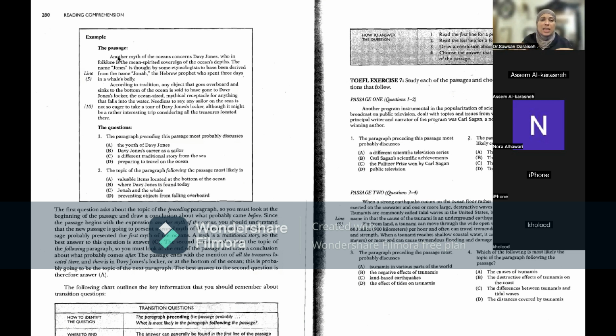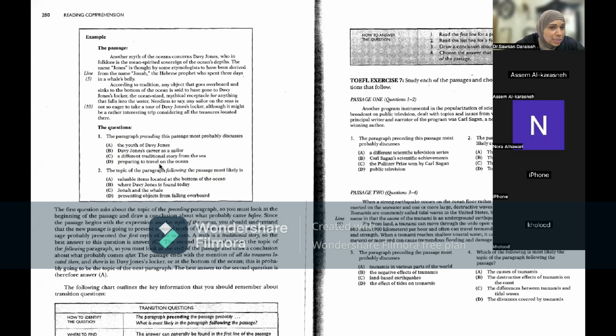So it seems that we might be talking about the myth of Gilgamesh. Have you ever heard of that myth before? Something like that. All right. So the paragraph preceding this passage most probably discusses the youth of Davy Jones, or Davy Jones' career as a sailor, a different traditional story.